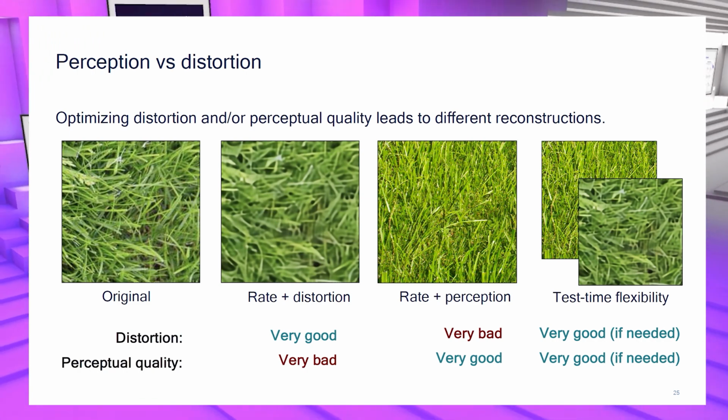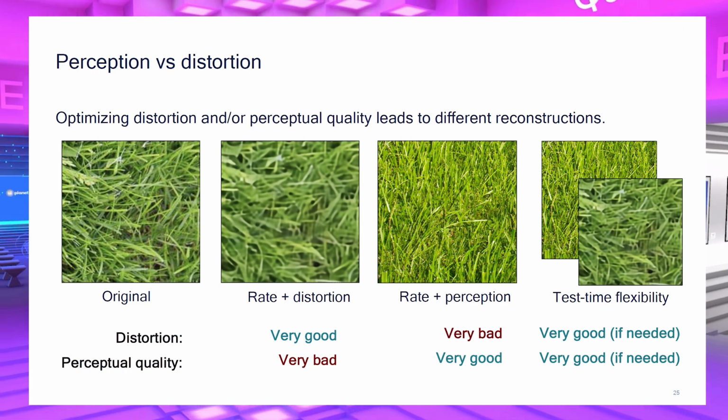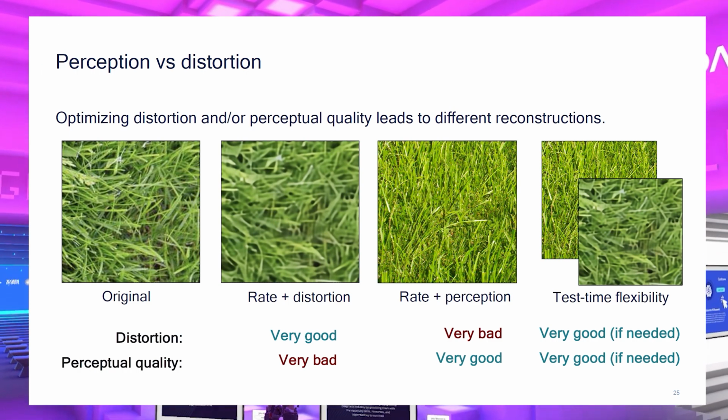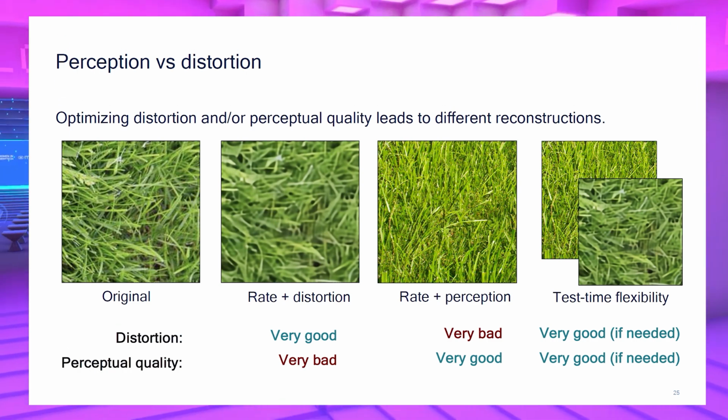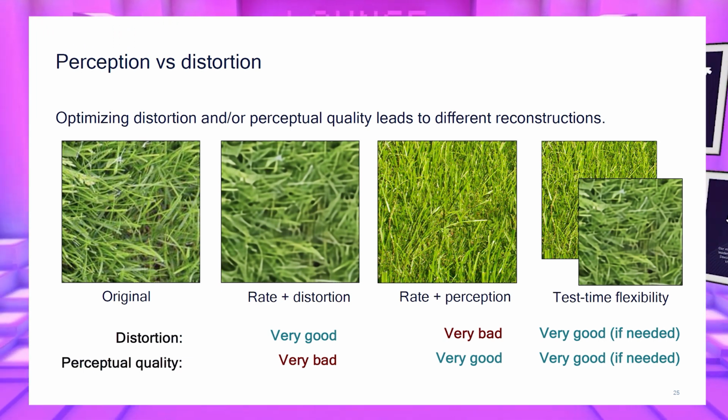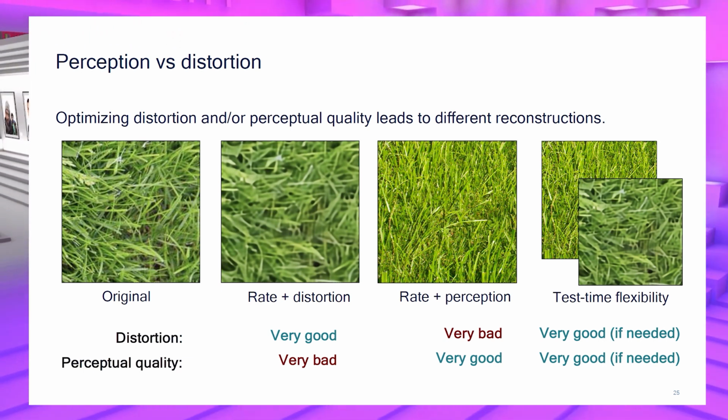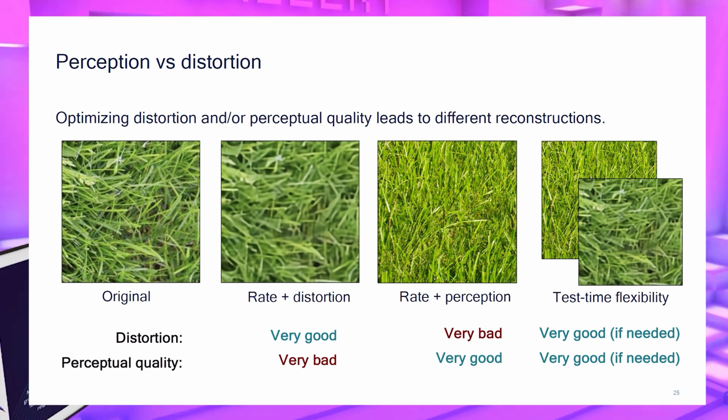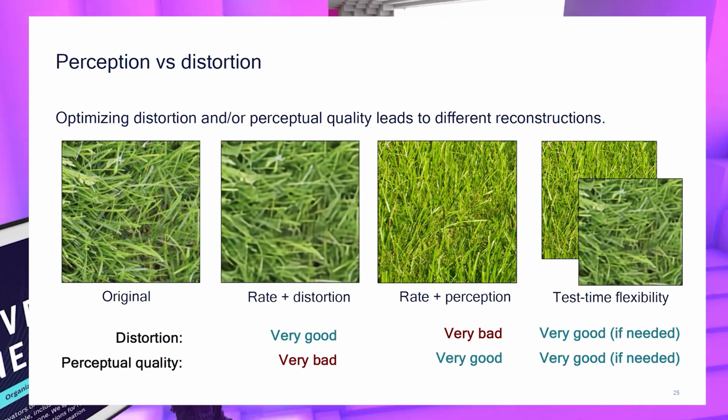So in this case, in the third column, you see very good perceptual quality, but fairly bad distortion, or it's not close to the ground truth. So you can imagine what this entails.